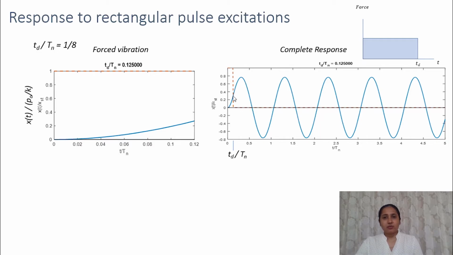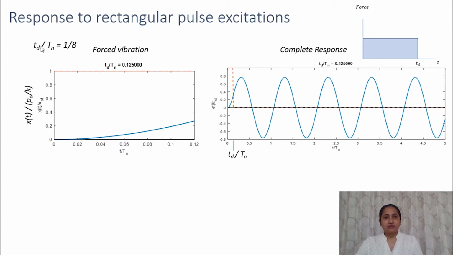Depending upon the displacement and velocity at time equal to td, the system will undergo a free vibration, and the free vibration amplitude is higher than the forced vibration amplitude. As you can see from this figure, this is the free vibration amplitude and it is higher than the forced vibration amplitude. So the maximum amplitude of this response happens after the pulse.